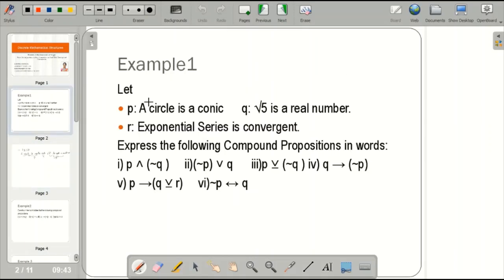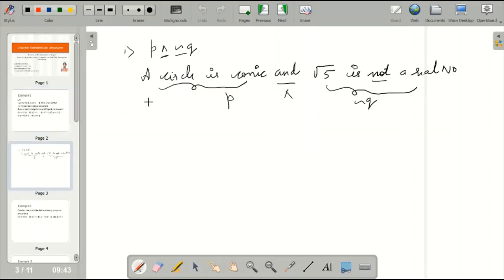Second one is regarding negation P or Q. Negation P means a circle is not conic.